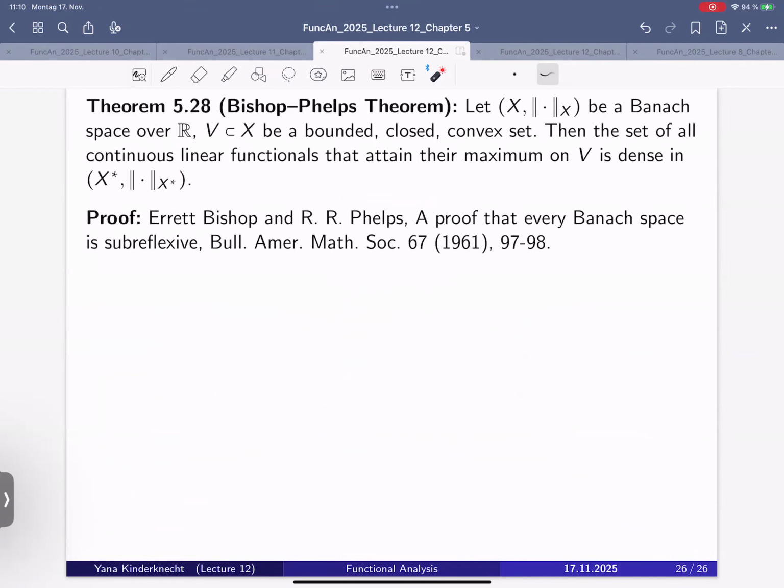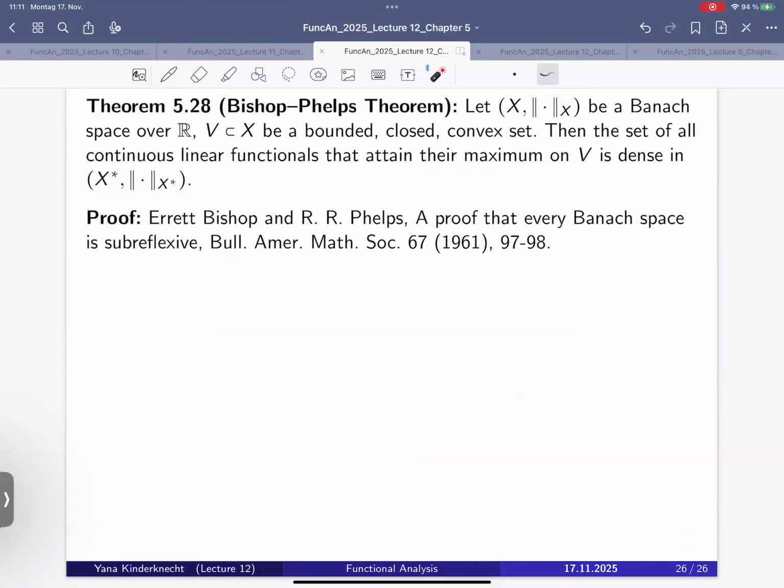Yeah, so one more theorem, which we are not going to prove, but still it's a kind of nice result. So let X be a Banach space, V be a bounded closed convex set. The statement is that the set of all continuous linear functionals that attain their maximum on V, that is, the supremum is attained, and then it is a maximum, not only a supremum, is dense in the dual space.